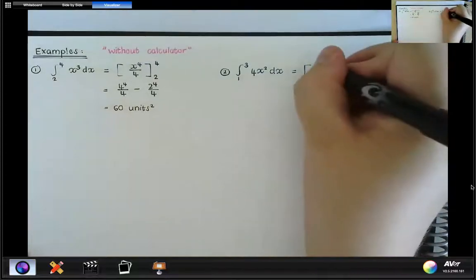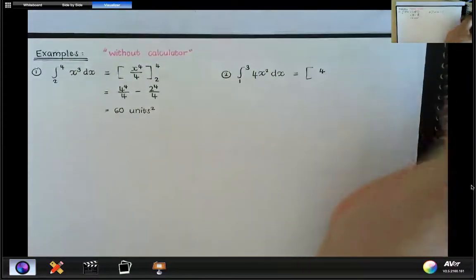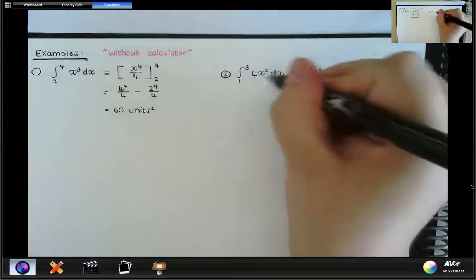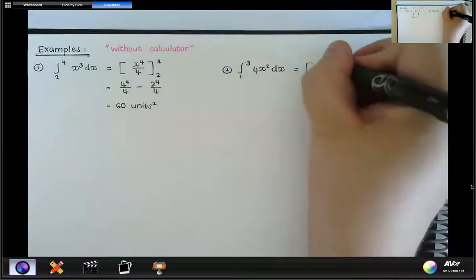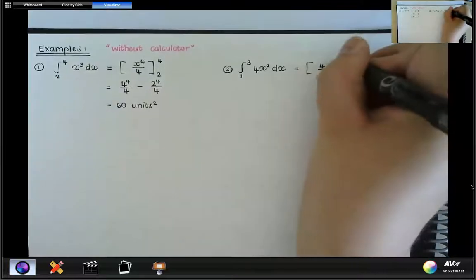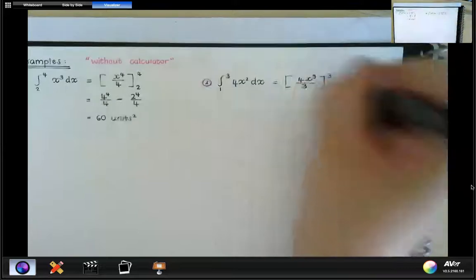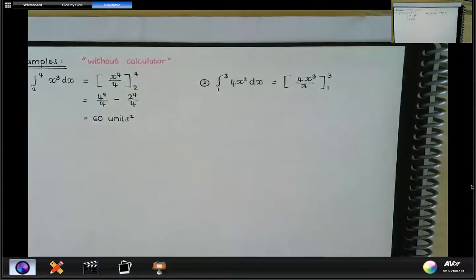Remember, when you integrate, you just write the 4 in front. You can write it in front of the whole fraction, or you can write it in the numerator. Now we're actually just going to integrate the x squared. So the integral of x squared is x cubed over 3. And then we go from 1 to 3.